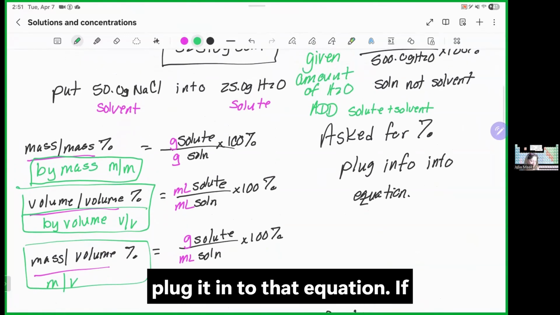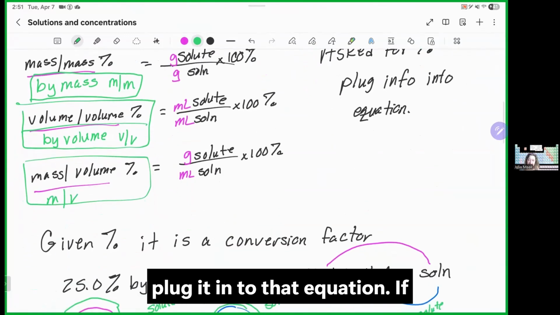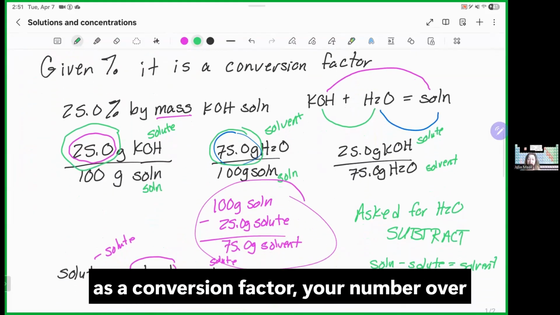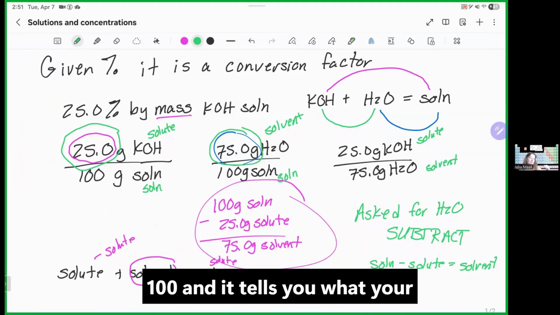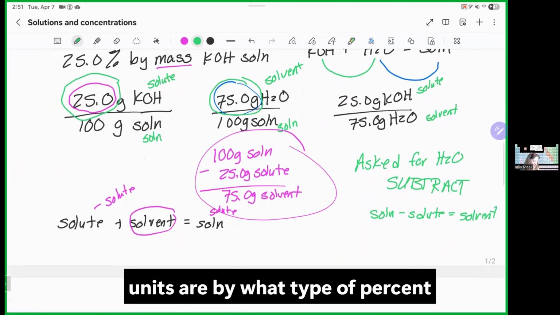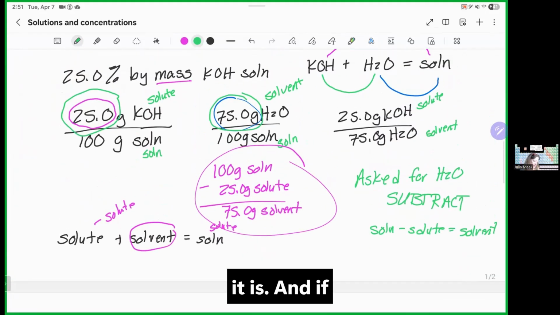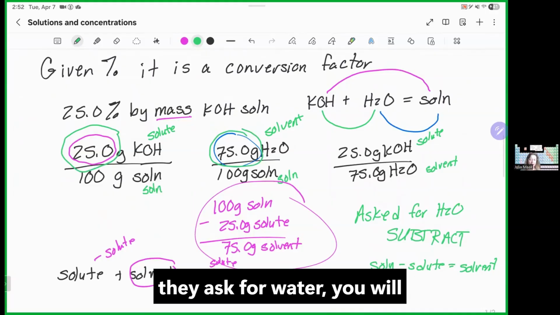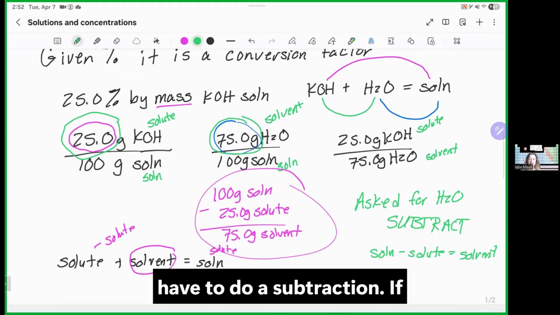If they ask for a percent, you just plug it in to that equation. If they give you a percent, you use it as a conversion factor, your number over 100, and it tells you what your units are by what type of percent it is. And if they ask for water, you will have to do a subtraction. If they give you water, you will have to do an addition.